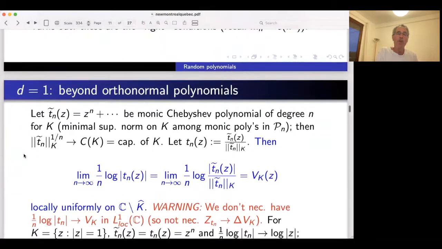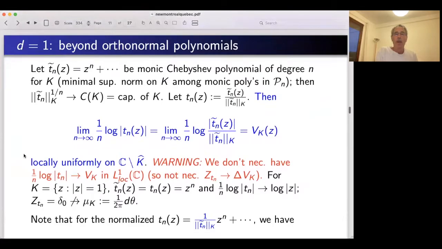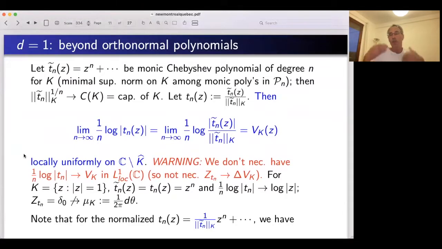And one thing we want to do: I didn't give you any historical background of the theory of random polynomials. I would have said something about the Kac polynomials, linear combinations of the standard monomials z to the j, and then told you about some other work of Tom Bloom and Shiffman and Zelditch and others.